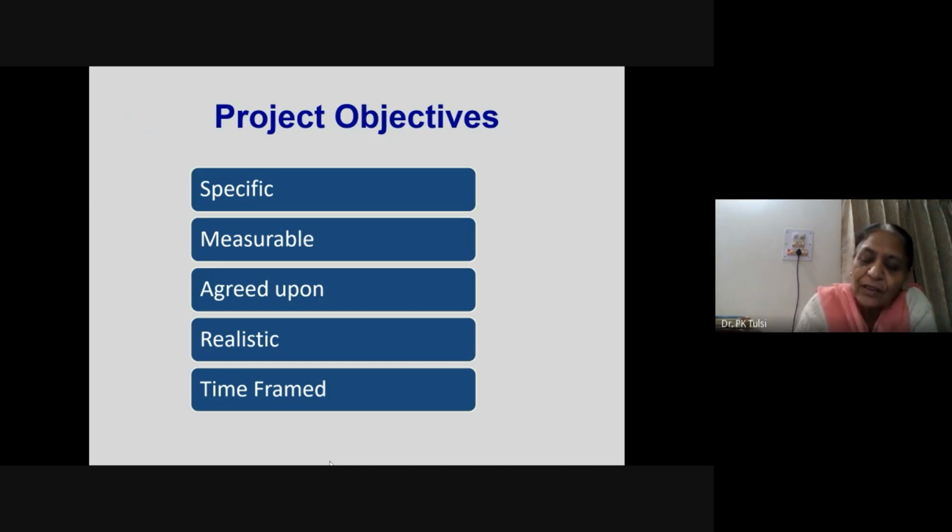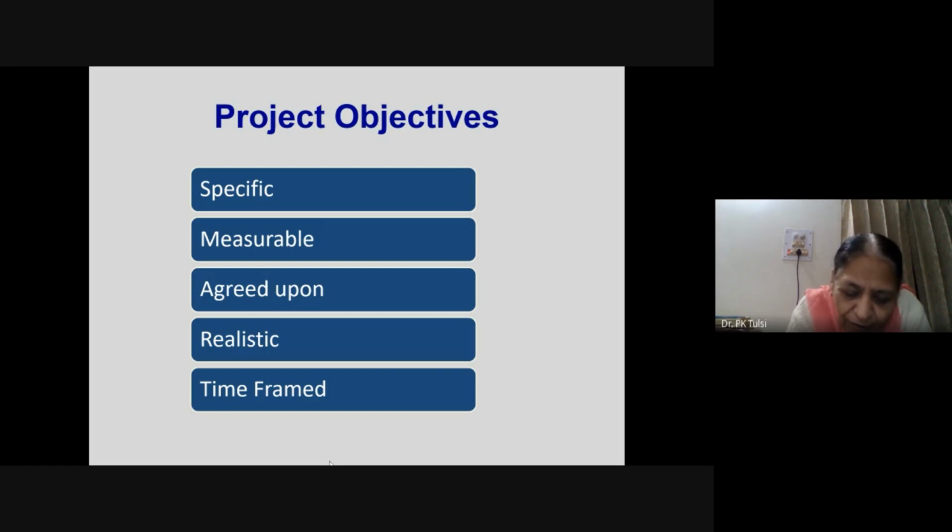Maybe, for example, I have taken up a project to set up an III, that is, an Industry Institute Interaction Cell at the Institute. The first thing is the formulation of a project proposal. How much time is it going to take? Then approval: when is the approval expected, within 1 week, 2 weeks, or 10 days?